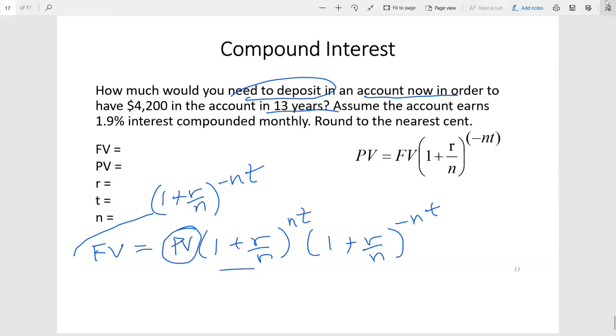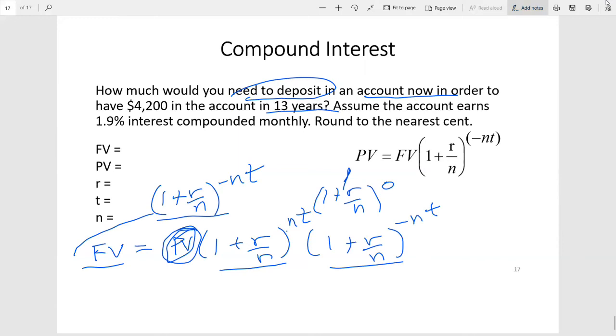Notice we have 1 plus r over n to the plus nt times 1 plus r over n to the minus nt gives you 1 plus r over n to the 0. Remember, you add exponents. This is just 1. So we get PV is equal to FV times 1 plus r over n to the minus nt. So I want to show you that very quickly.